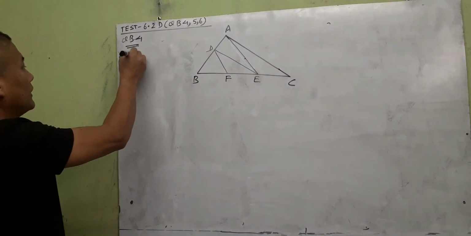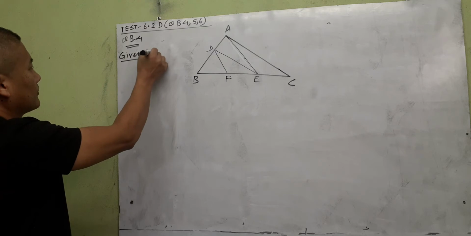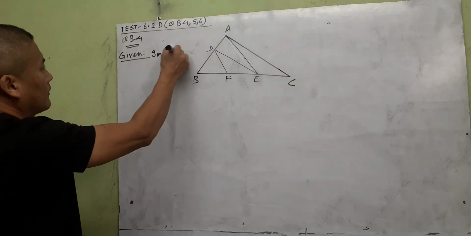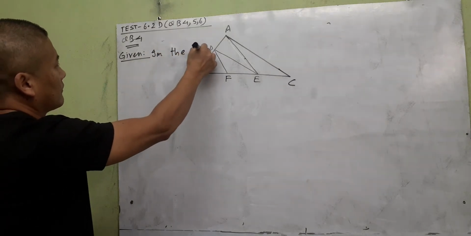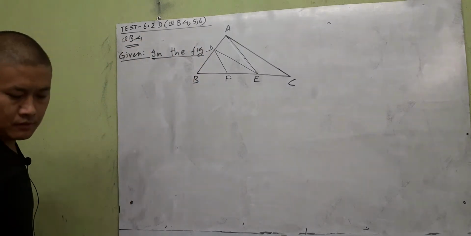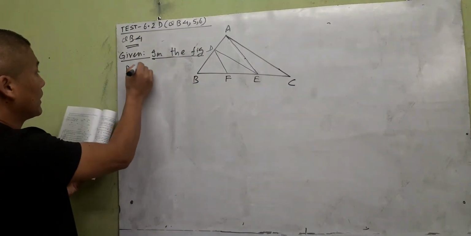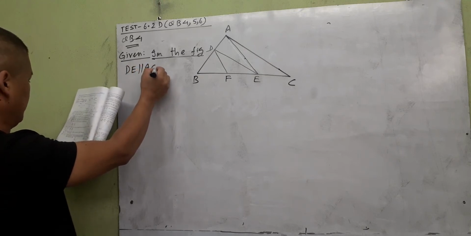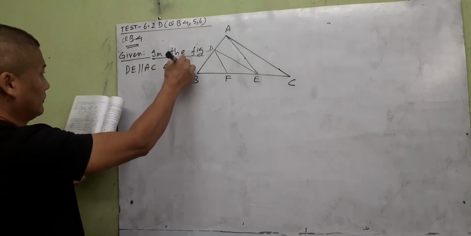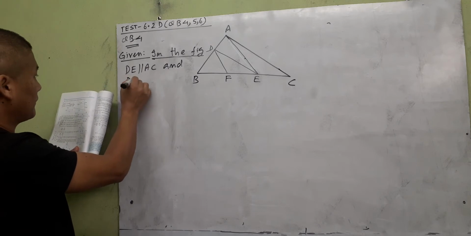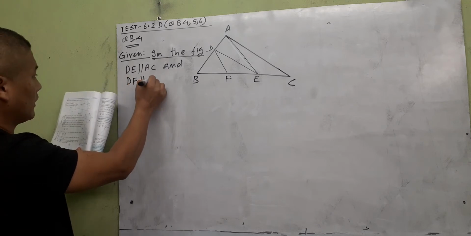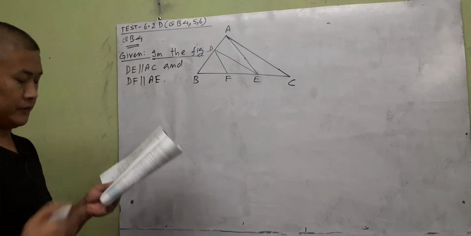Given to us clearly in the figure, DE is parallel to AC and DF is parallel to AE. This much is given.